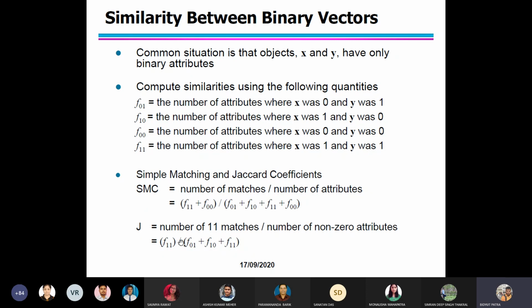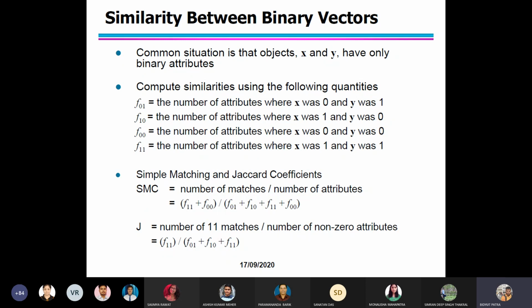So what is done is we analyze how many items both of them purchased, and we consider those values, F11. We won't consider how many items they did not purchase.